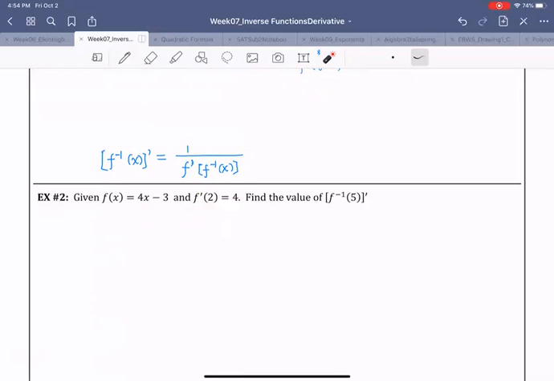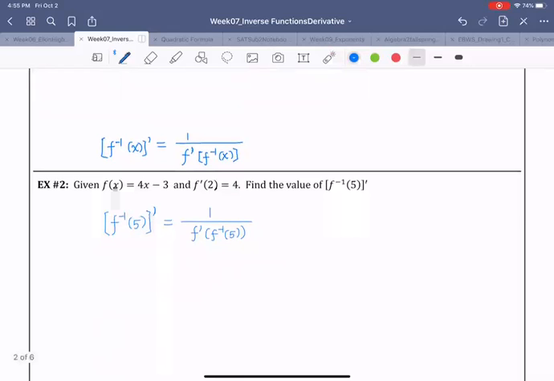So now let's get the f inverse of phi derivative. That's the formula we did just now. That equals 1 over f prime of f inverse of phi. The answer should just be 1/4, right?